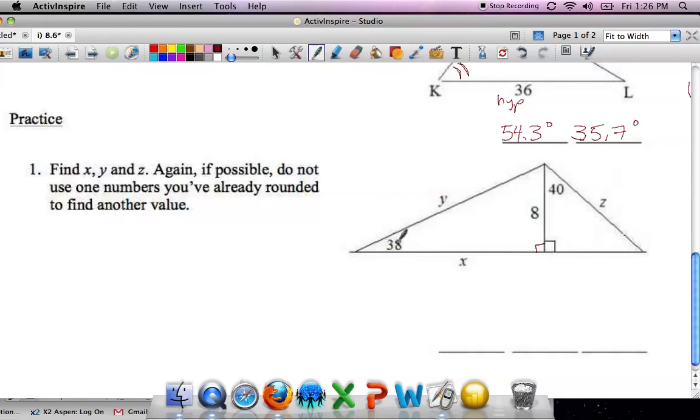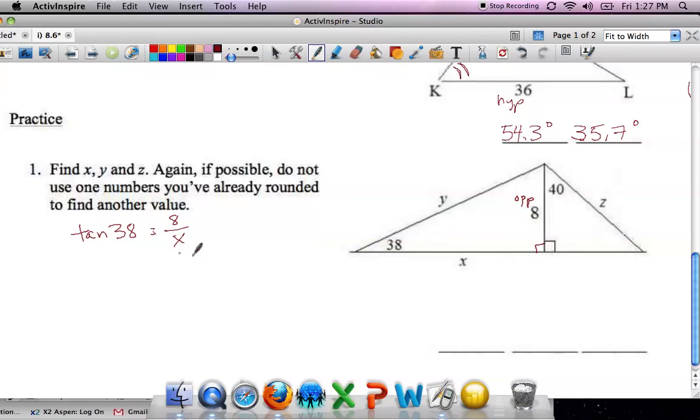We're given the adjacent, we're given the opposite here. We're given 8. 8 is opposite to 38. So we need to use one of the trig ratios that have opposite. So tangent is opposite over adjacent, so we could simply do that the tan of 38 degrees equals the opposite over x.